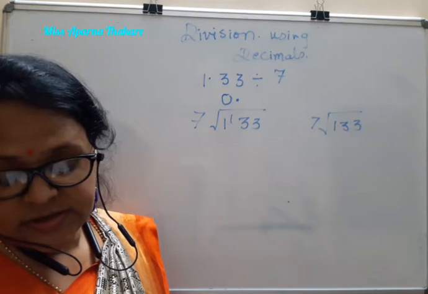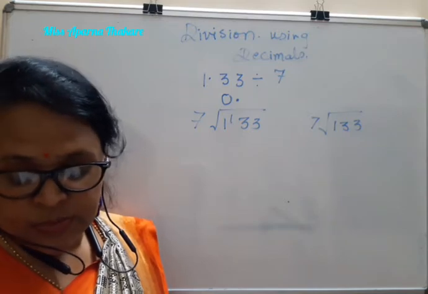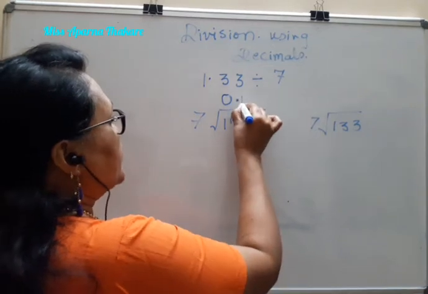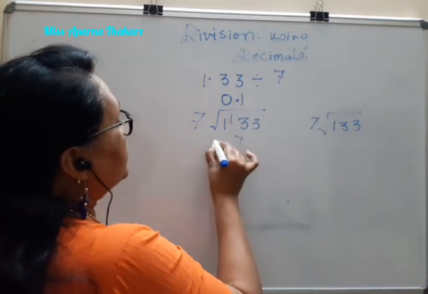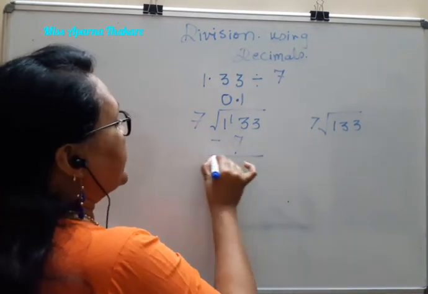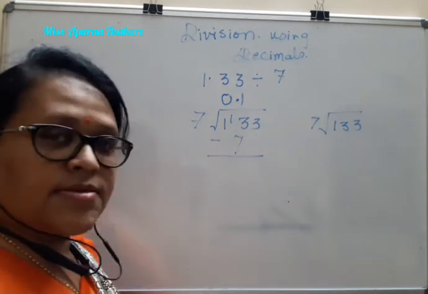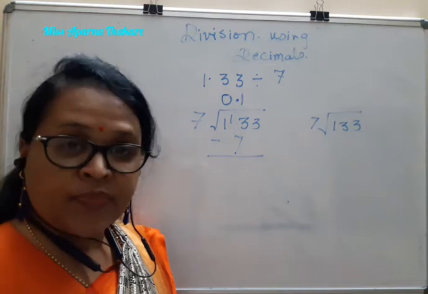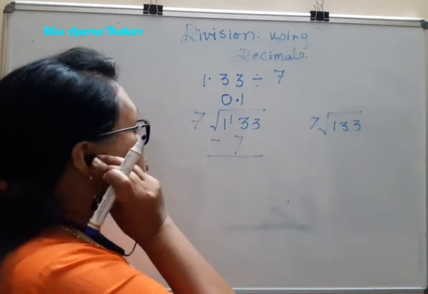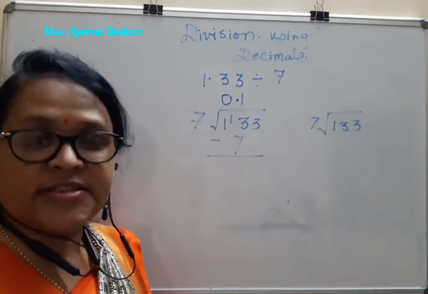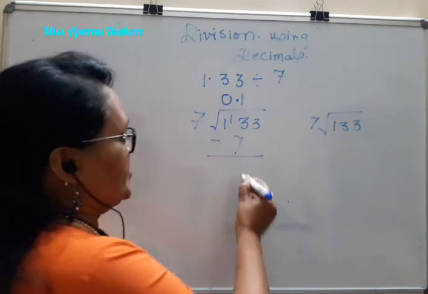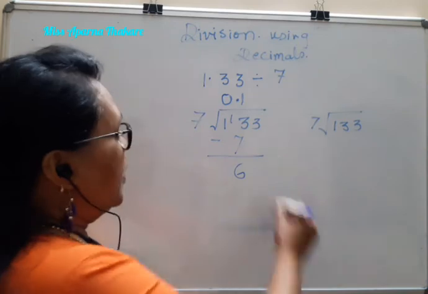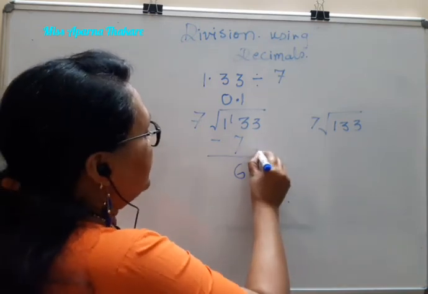Then divide: 7 ones are 7, and from 13 we subtract 7. What remains? 13 minus 7 is 6. Then this 3 comes down.